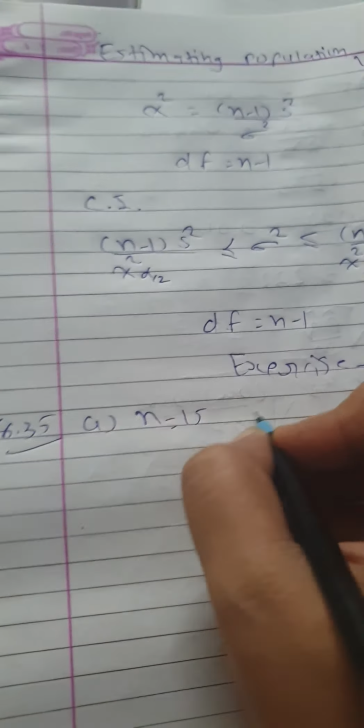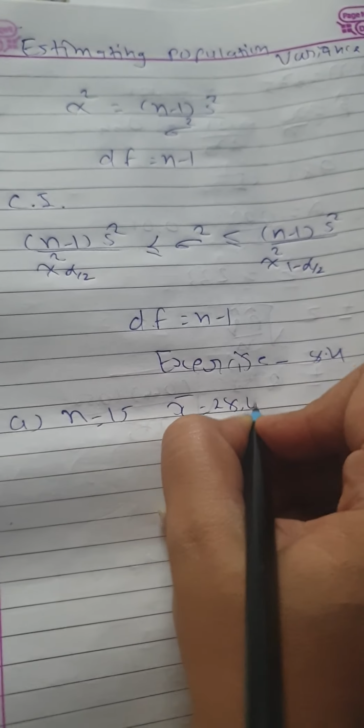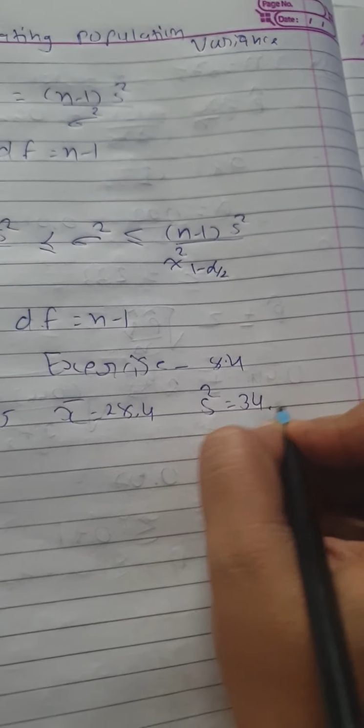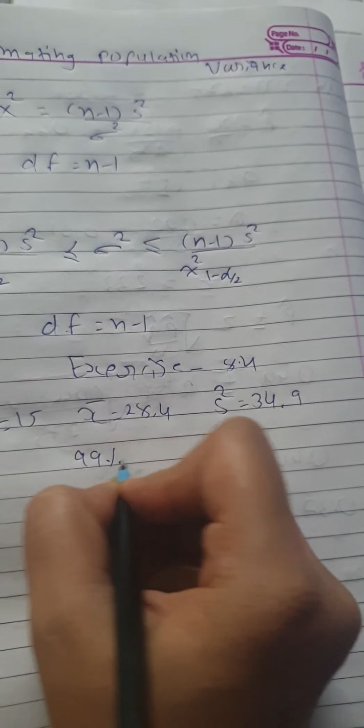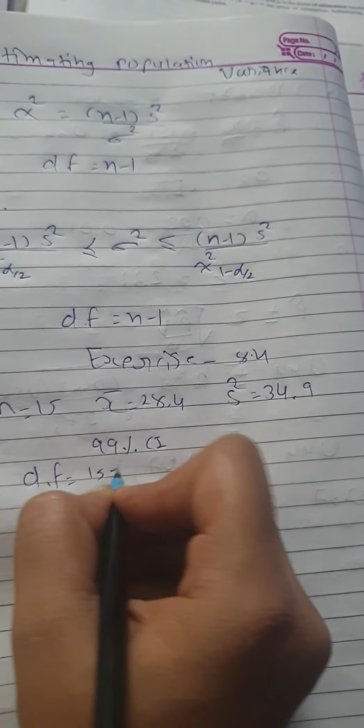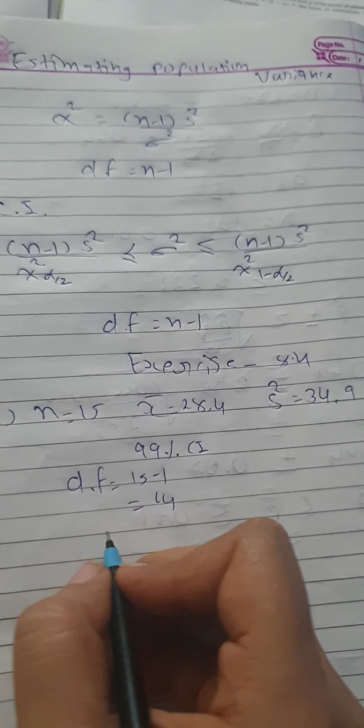So degree of freedom will be 15 minus 1, that is 14, right?